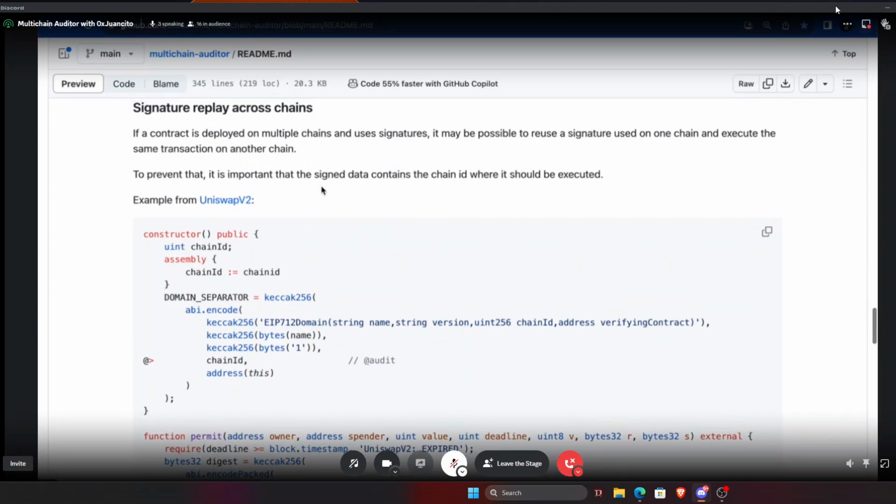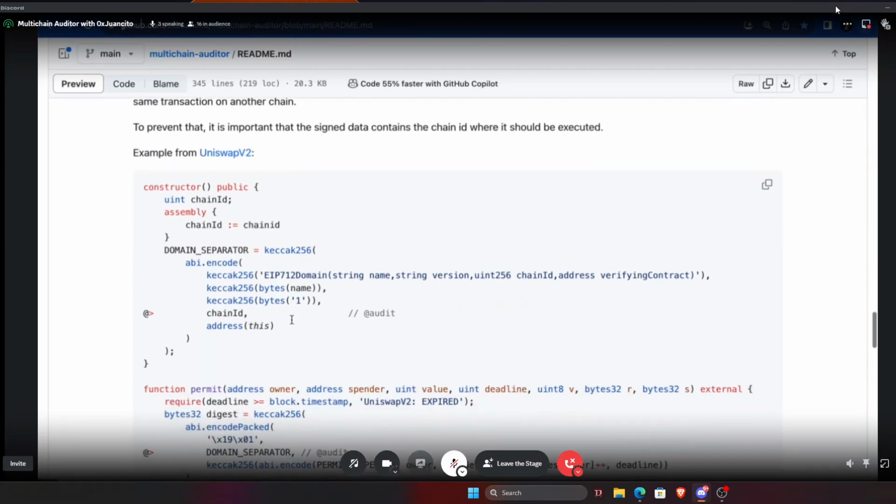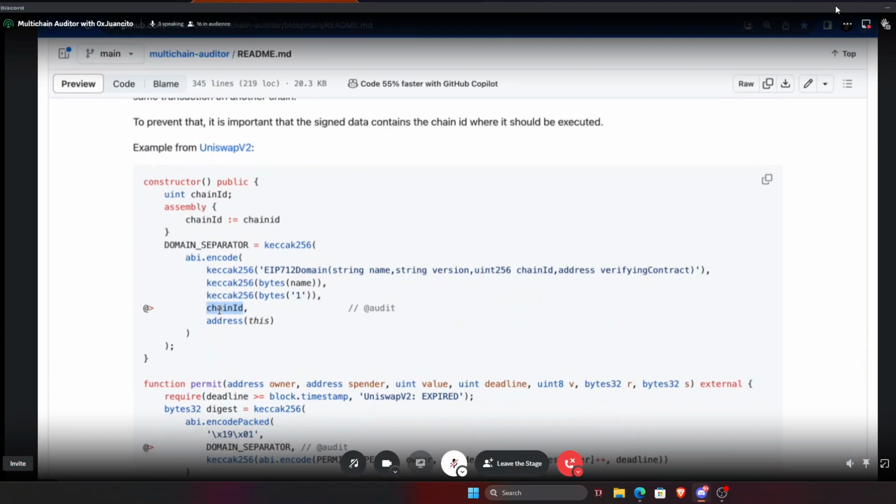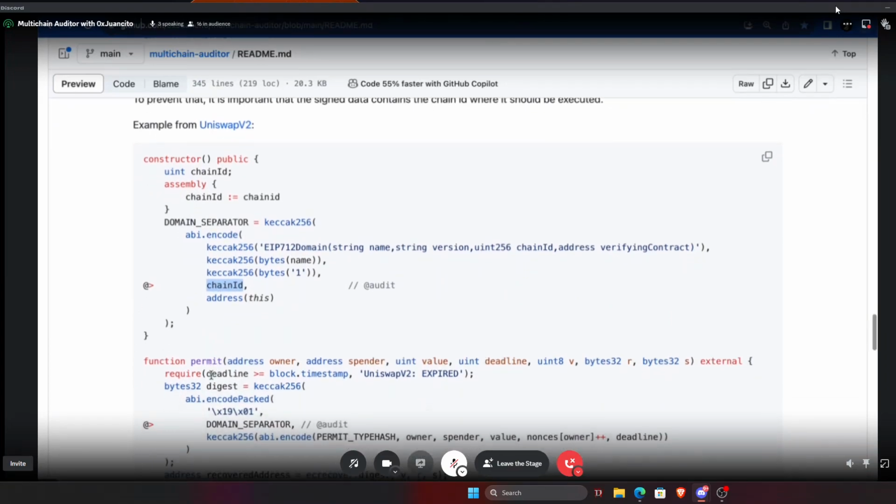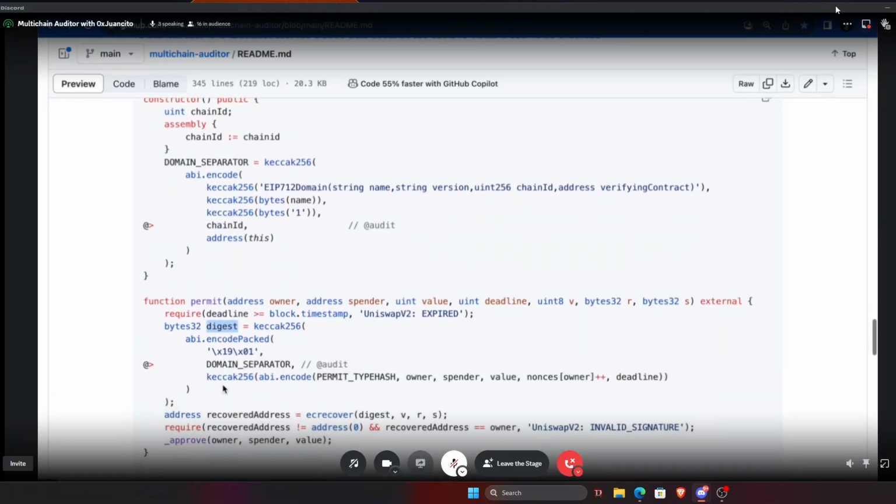So in order to prevent these kinds of issues, if you're deploying your project on multiple chains, it's important that you check the chain ID and add it to the domain separator or to the digest that you're using for the recovery function, in this case for the permit, but on any function where you are using a signature.